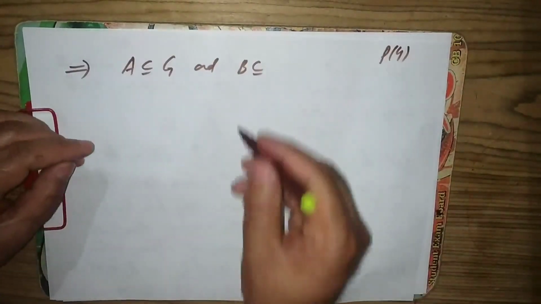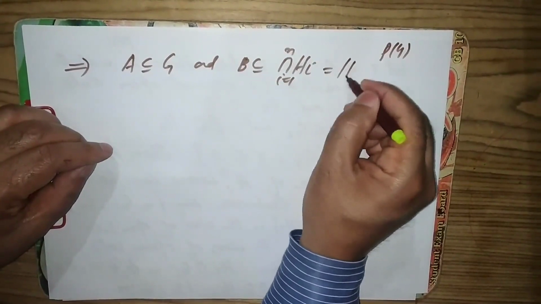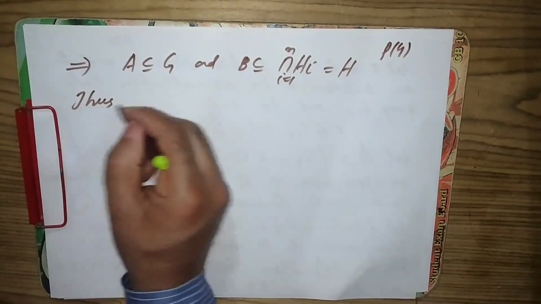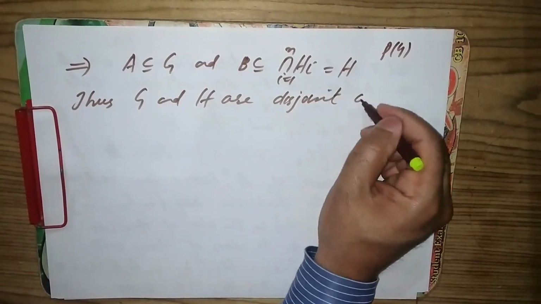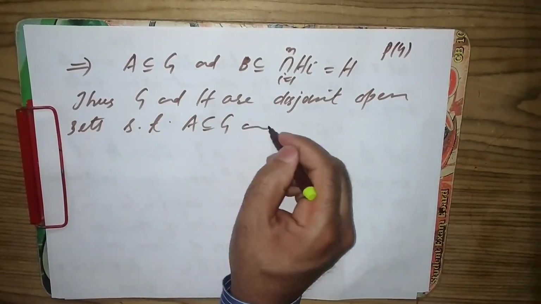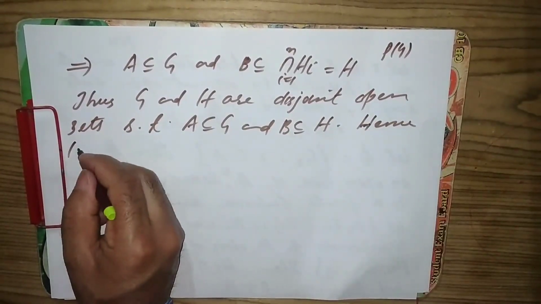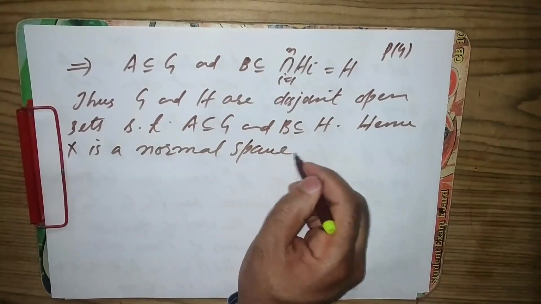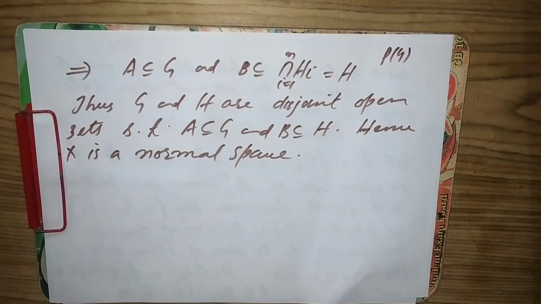So it will be a subset of the intersection of Hi, i runs from 1 to n, that we will denote by H. So G and H are open sets, and thus they are also disjoint, thus G and H are disjoint open sets such that A is a subset of G and B is a subset of H. So hence X is a normal space. So that proves this result.